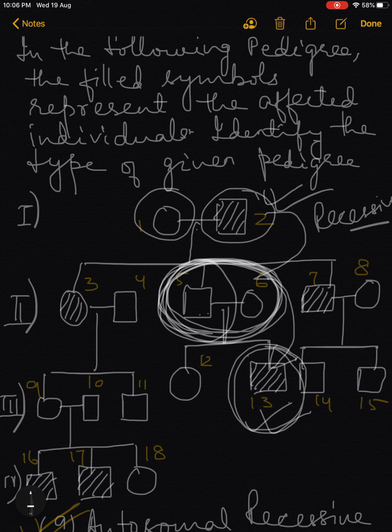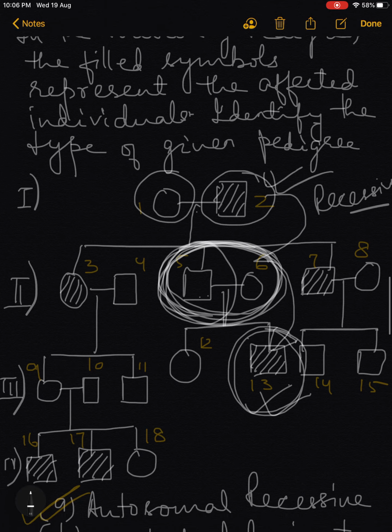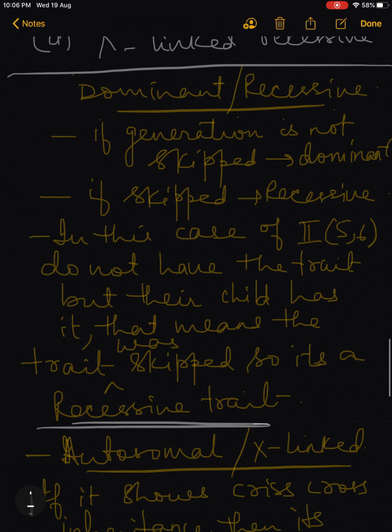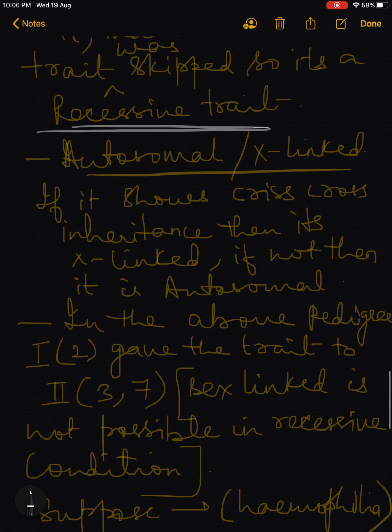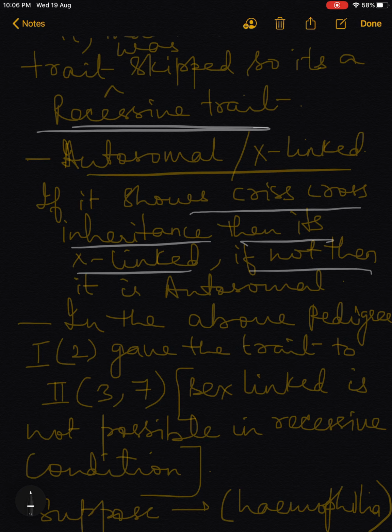Now we have to find out whether it is autosomal or X-linked or sex-linked. To determine that, let me show you this. If it shows a criss-cross inheritance, then it is X-linked or sex-linked. But if not, then it is autosomal.